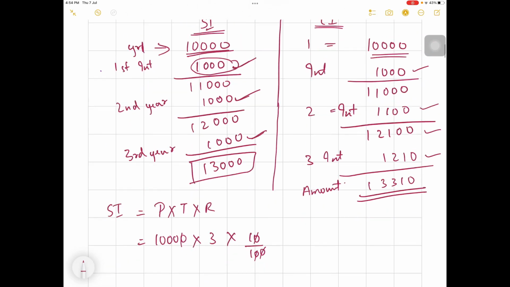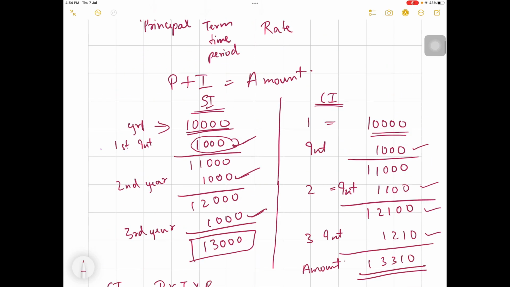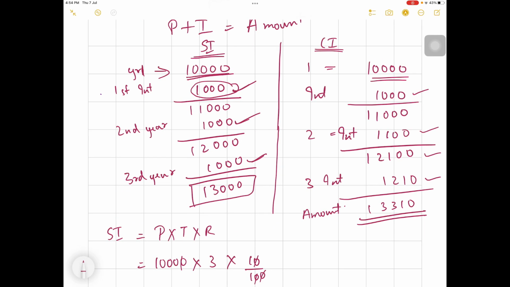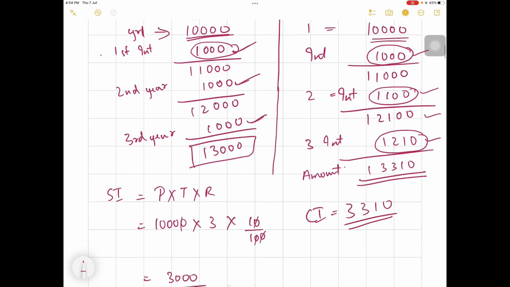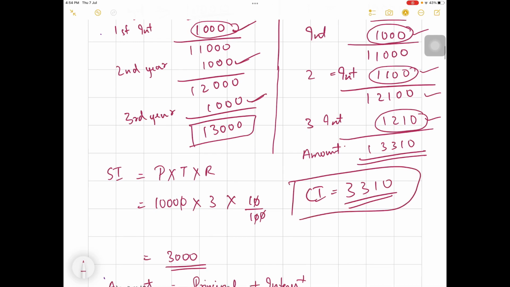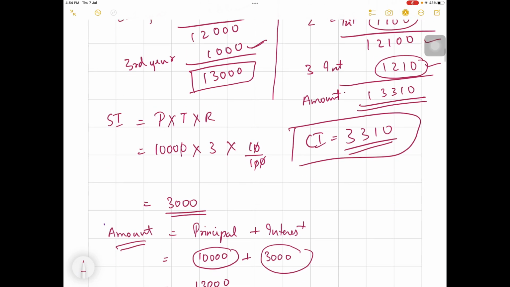So interest here is 1,000 plus 1,100 plus 1,210, which comes to 3,310. So compound interest is 3,310 and simple interest was 3,000.